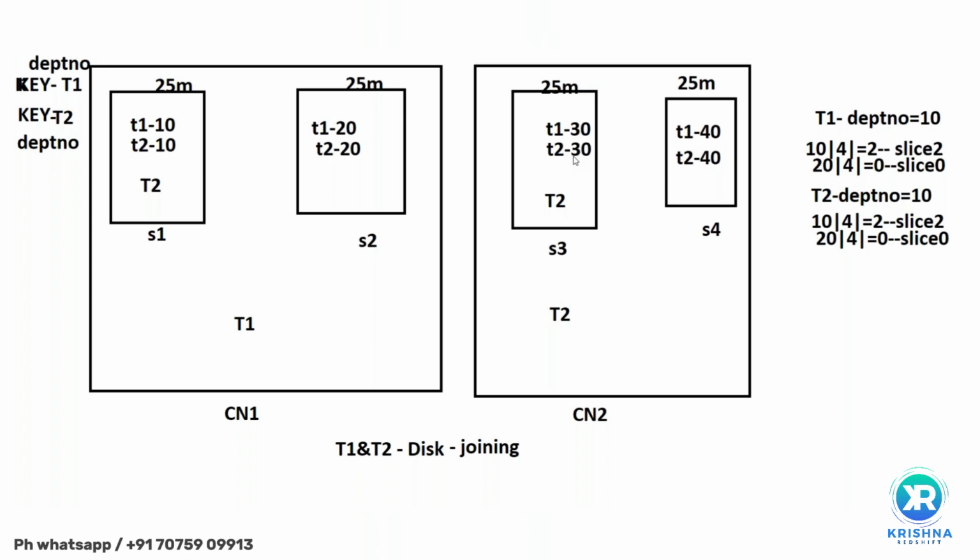So there can be 9 records of one department and 1 record of another.